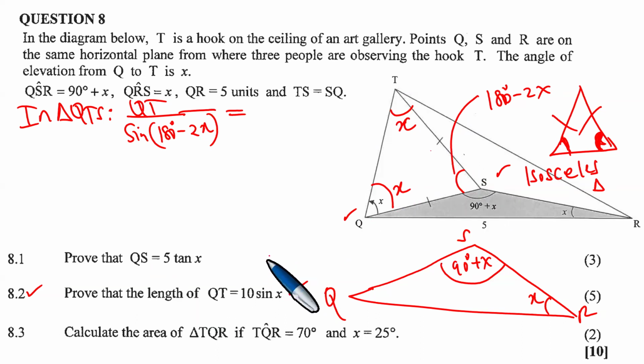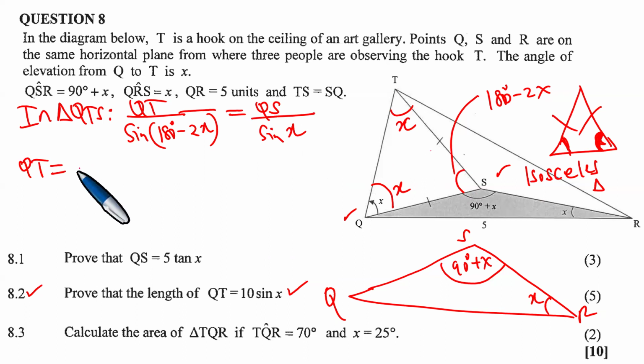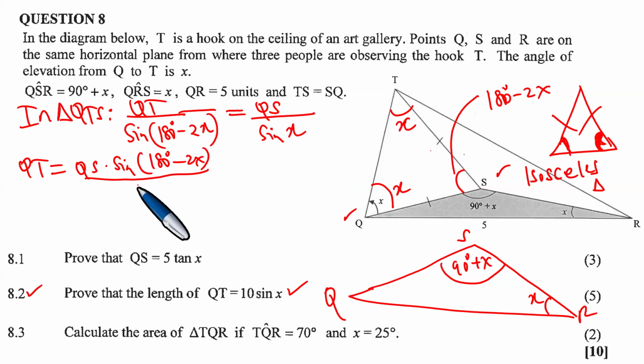So you can take QS. QS over the sine of the angle opposite QS, which is x. So we have QT is QS times the sine of 180 degrees minus 2x, divided by sine x.